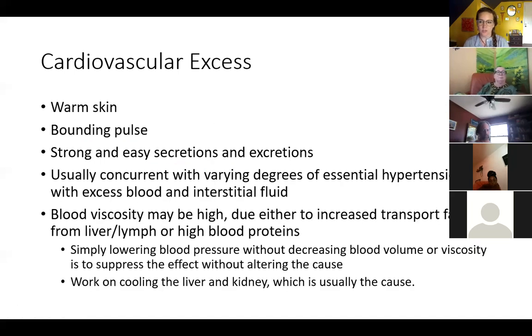Cardiovascular excess would look like warm skin, a bounding pulse. You ever meet those people where you can see their pulse in their neck as they're talking, or in their chest? Strong and easy secretions and excretions. Usually concurrent with varying degrees of essential hypertension. So again, that's the hypertension related to stress and not a different disease state, with excess blood and interstitial fluid.